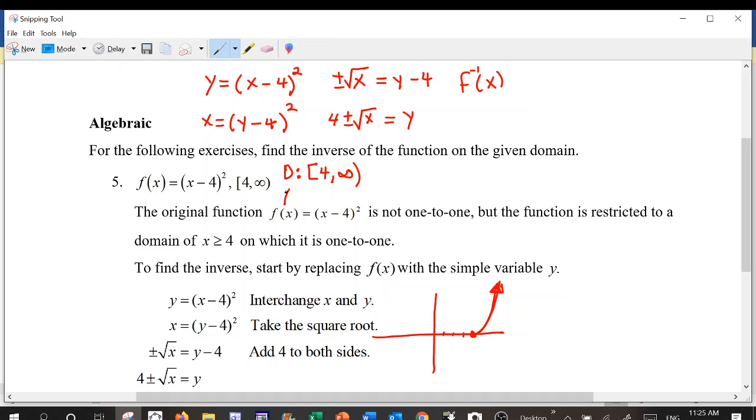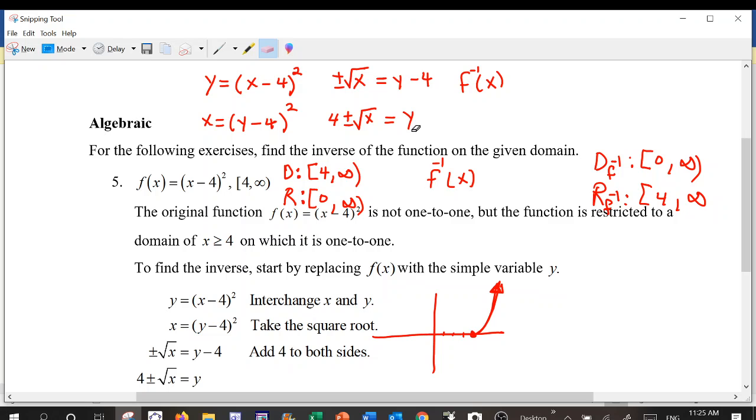Now, what is the range of this? Well, the range is from 0 to infinity, obviously, right? So for the inverse function, whatever it is, we still have to decide which one of these. The domain of the inverse is going to be the range, and the range of the inverse is going to be the domain.